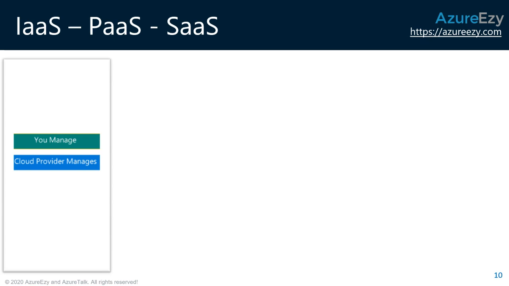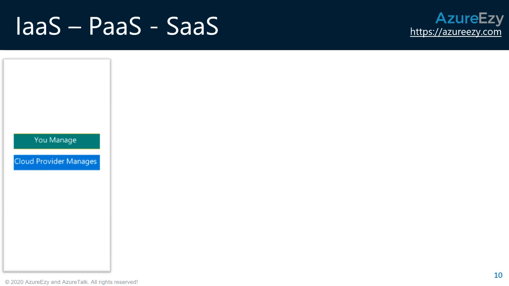When you use any cloud, and right now we'll be talking about Azure, there are two aspects that come into the picture: what things you are going to manage, and what things the cloud provider is going to manage.